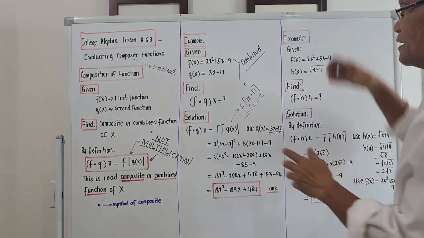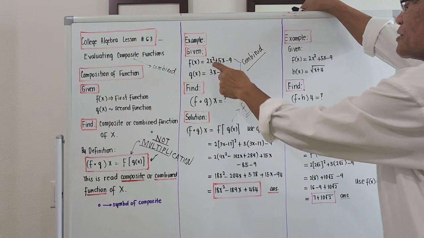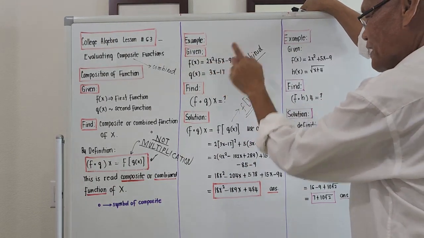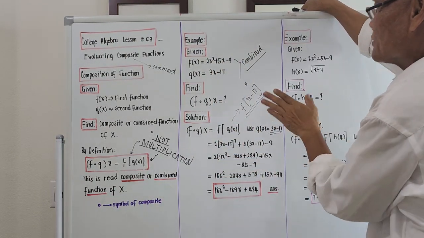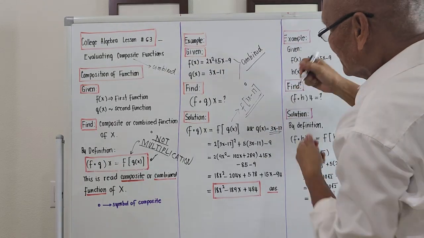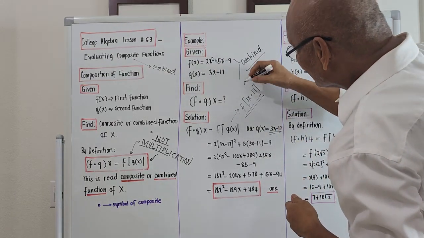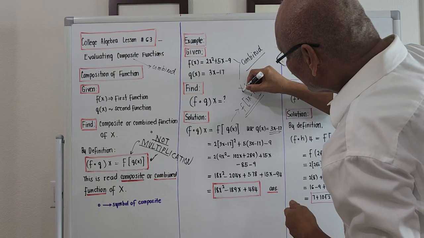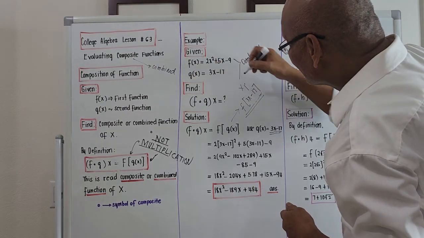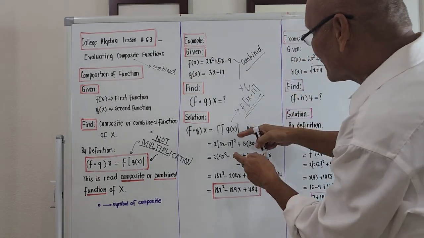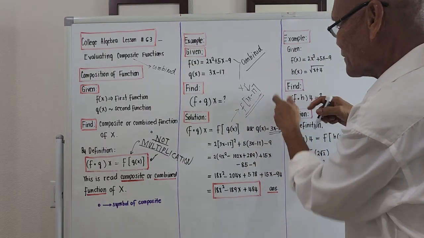What is f of x? It is 2x squared plus 5x minus 9. So, by placing the value of x, we replace x here by the value 3x minus 17 because g of x is actually 3x minus 17.